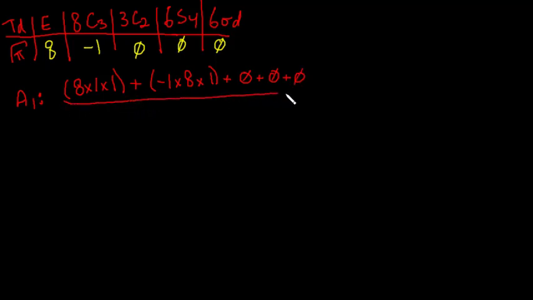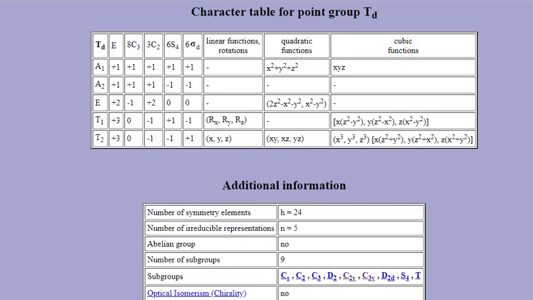Alright, so if you remember, the order we said is 24, and so in this case it's 8 minus 8 over 24, so there are 0 representations for A1. Next is going to be A2, and there are 0 representations in A2.